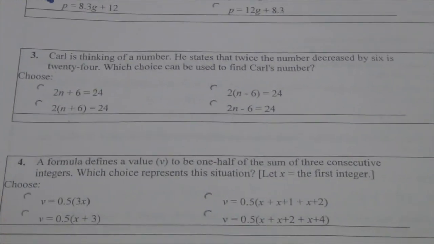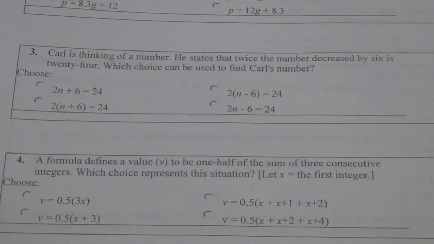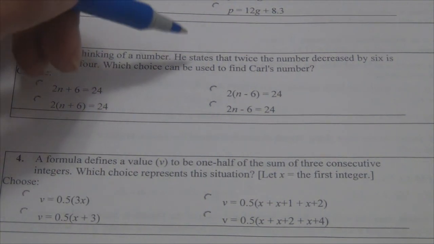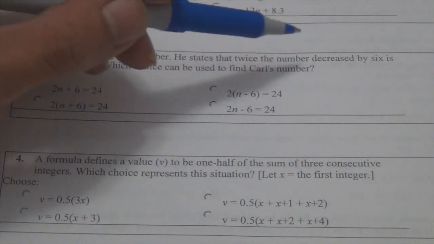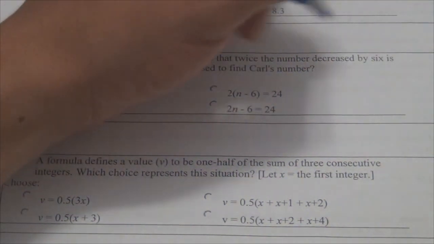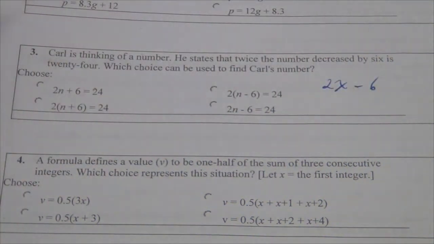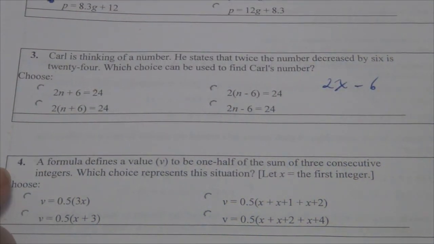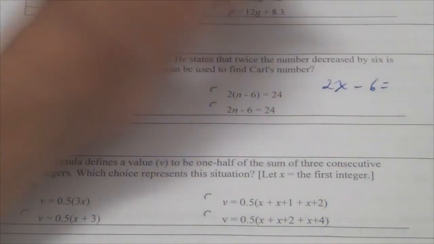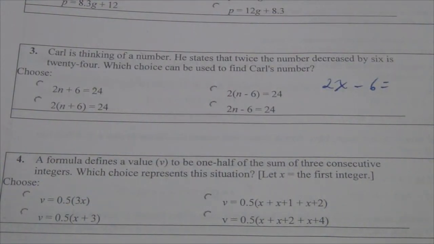Okay, so here it says Carl is thinking of a number. He states that twice the number decreased by 6. Twice the number decreased by 6. Okay, so I got the first part. Is, the word is means equal, 24.